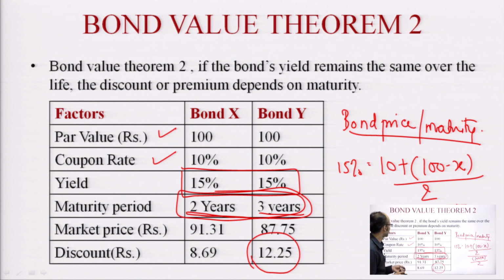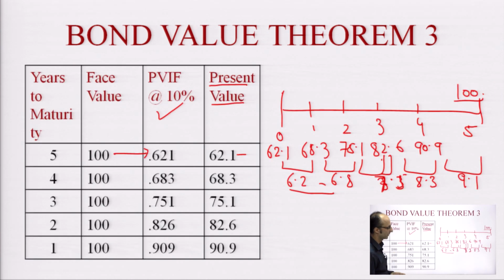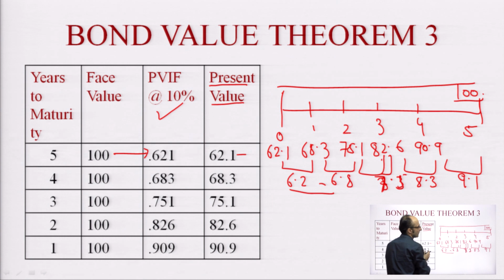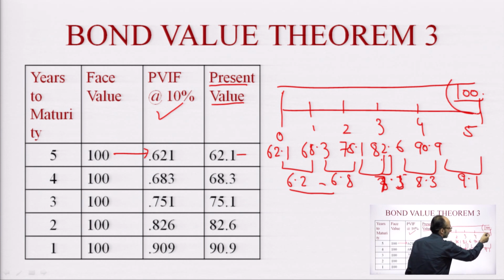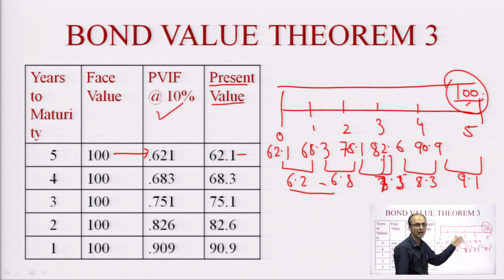What does theorem 3 say? If a bond yield remains constant over its life, the premium or the discount will decrease at an increasing rate as its life gets shorter. I have already given you a timeline for this. We can clearly see the lifetime of the bond, and as we approach the maturity of the bond, the face value at the end of the term is 100, so you will get the maturity value of 100. At the start, it was available at a discounted price of 62, in the first year 68, 75, 82, 90, and so on.